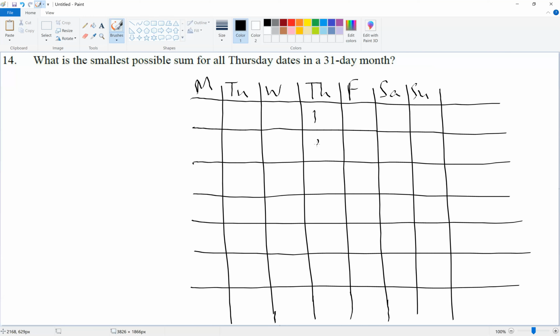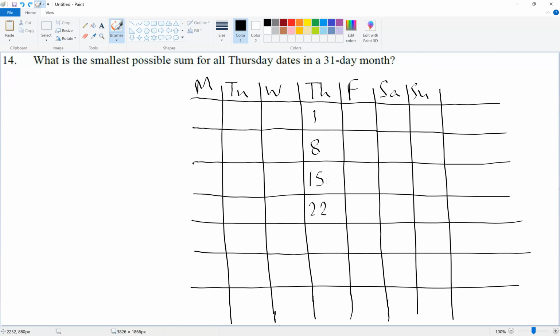So 1, 8, 15, 22, 29, and 30 and 31st. So what is the sum? The sum would be 15 plus 9, 30, and 15, which is 75. 75. Can I go lower?